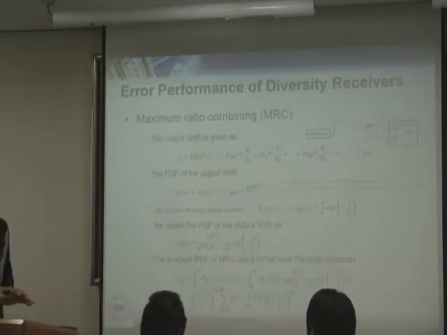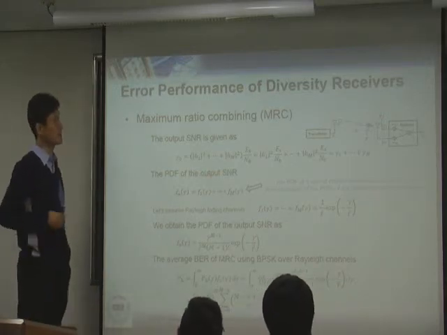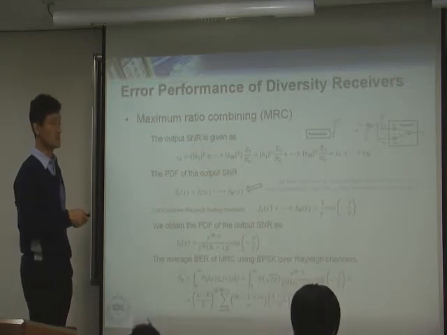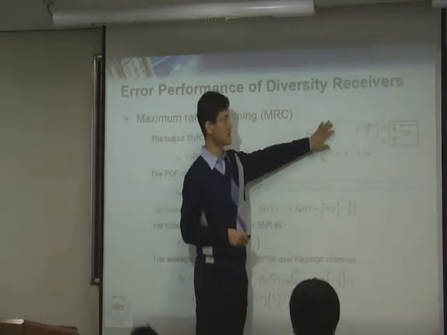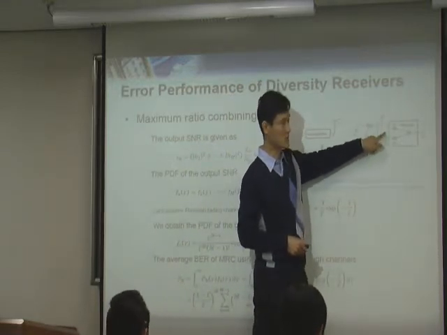Okay, let's look at actual examples of some systems. We already looked at maximum ratio combining, right? And this is the case of MRC. Now let's think that we have m different receive antennas.